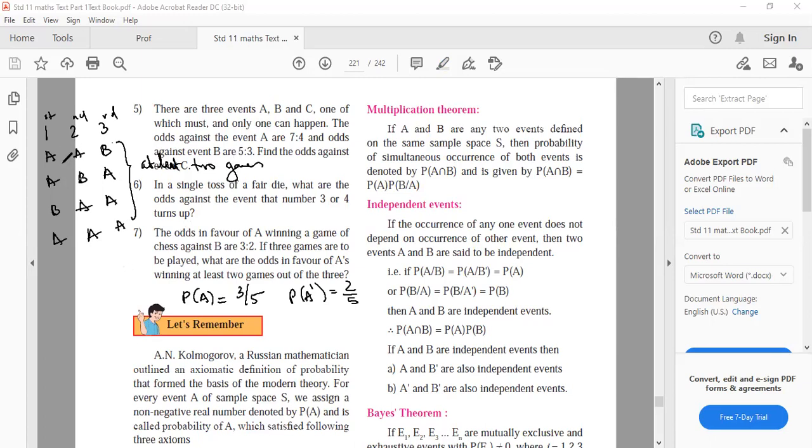Okay. So let's call it as A1, A2, B3. A1, B2, A3. B1, A2, A3. A1, A2, A3. Now calculate this probability. So what are the possibilities?